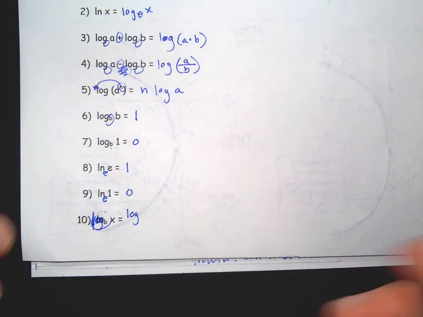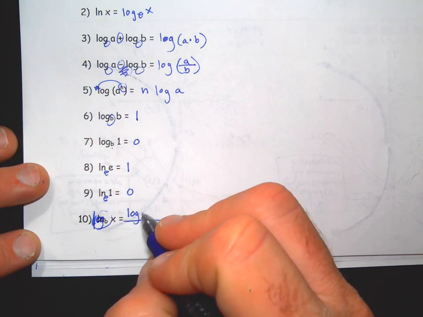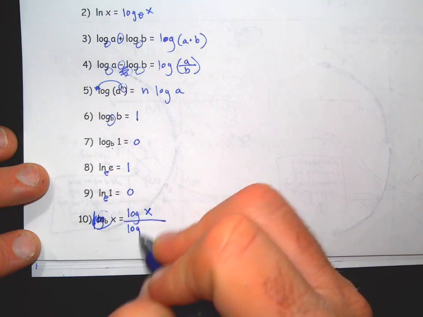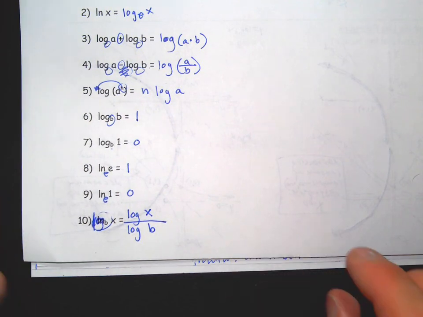I want it with a different log, like log base 10. You say, okay, well, log with the new base of what was inside divided by log with the new base of the old base inside.